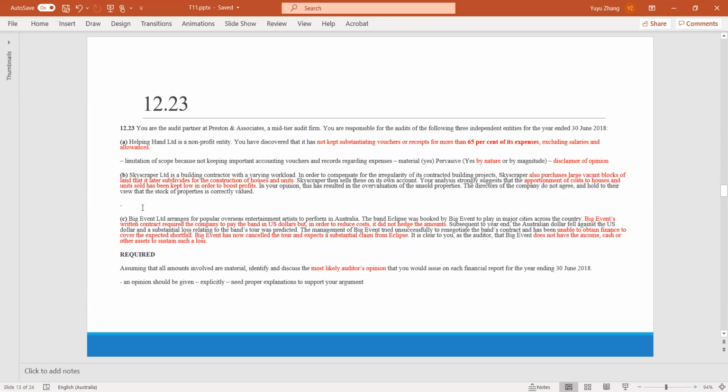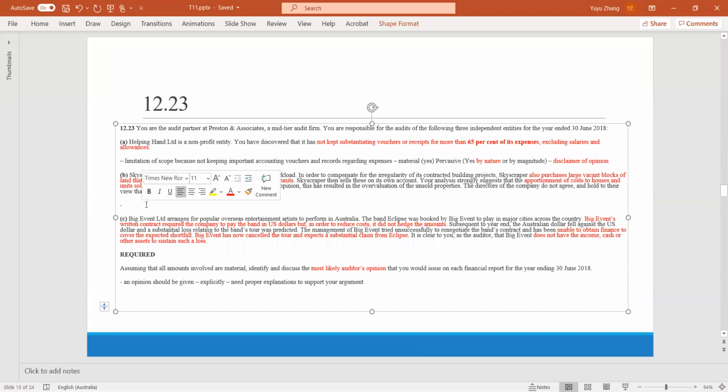Okay, so go back to situation B. Your answer. So first, is this about modified or unmodified? In other words, are there any misstatements? Are there any limitations of scope?